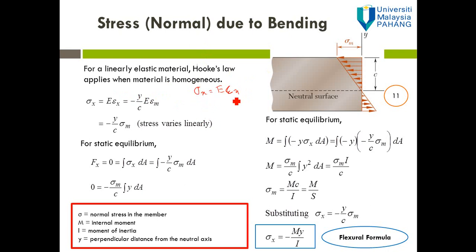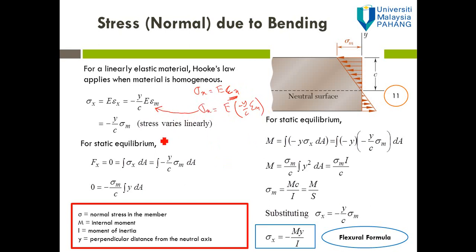If we replace the value of epsilon x that has been derived in the previous slide, we can write that sigma x is equal to E times minus y over c epsilon m, and then we can rearrange it to become this equation.